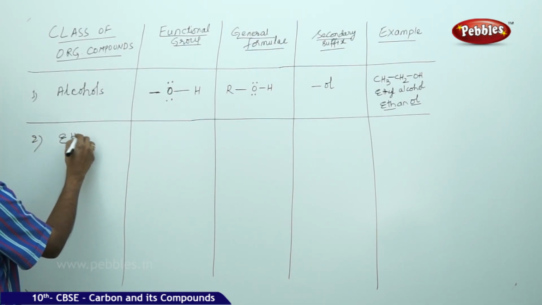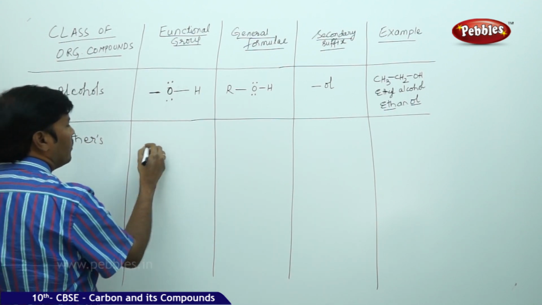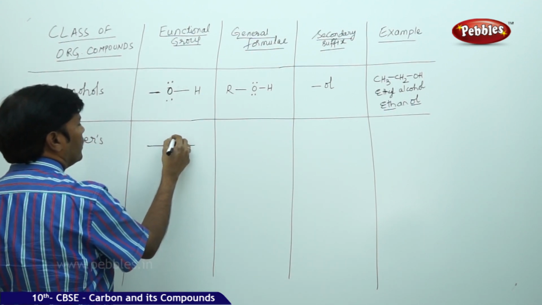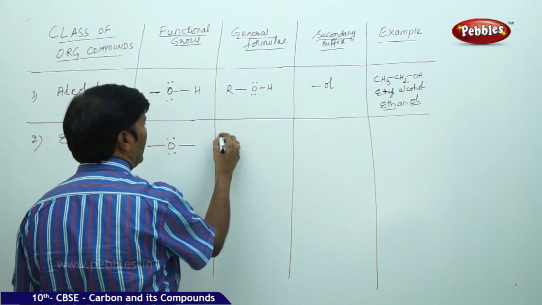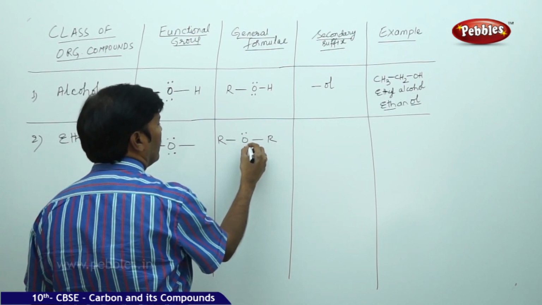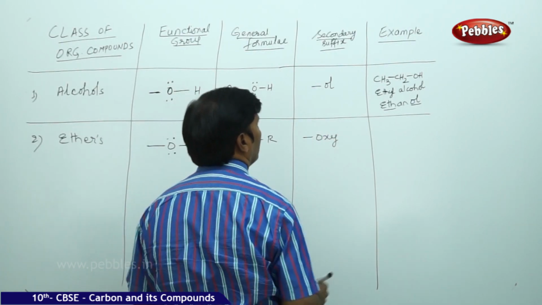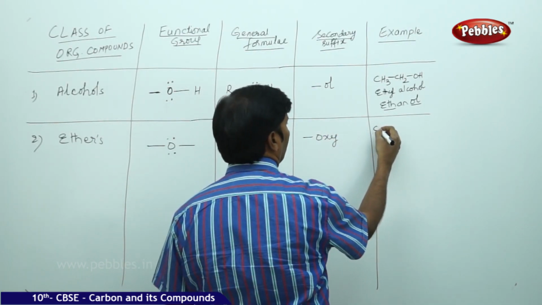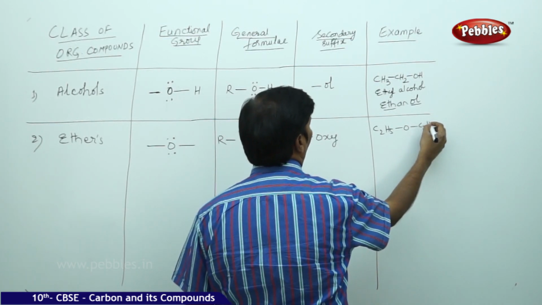Ethers. If you take ethers, the functional group is ethereal oxygen. We call this ethereal oxygen. Then the general formula is R-O-R, and the secondary suffix is oxy. As an example, we can take C2H5-O-C2H5.